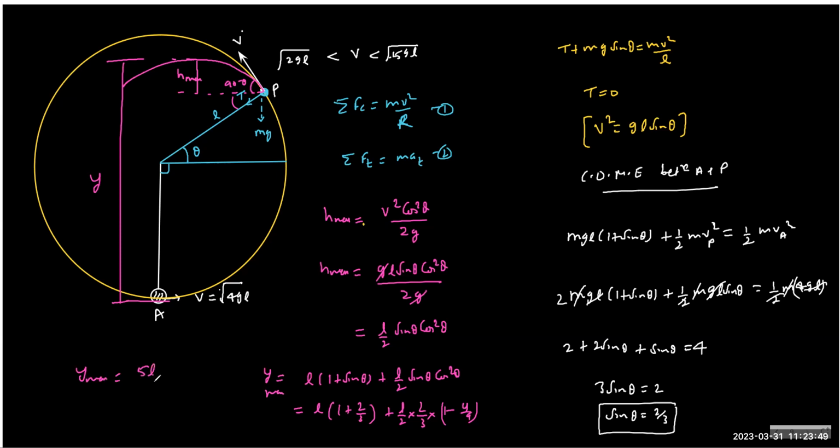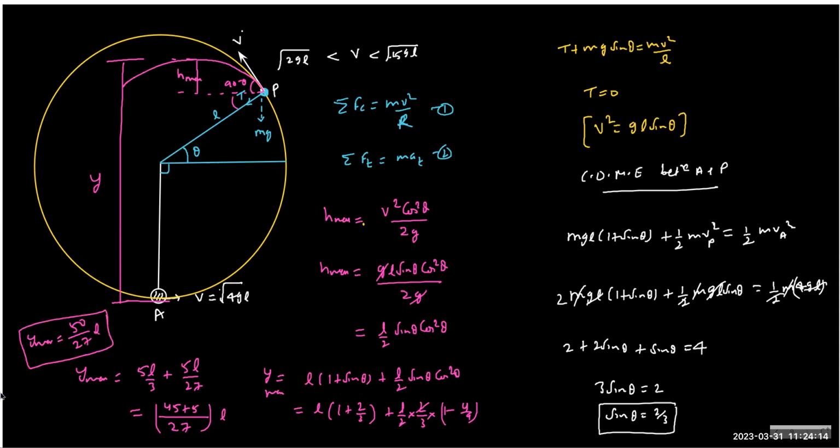That is 5L by 3 plus 5L by 27. So Y max is the very famous answer 50 by 27 L, which is slightly less than 2L, right?